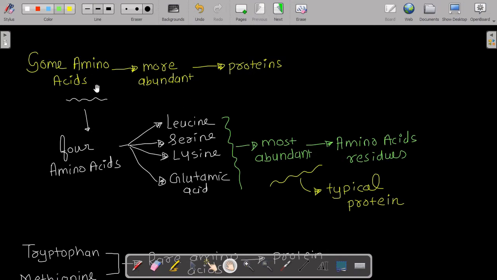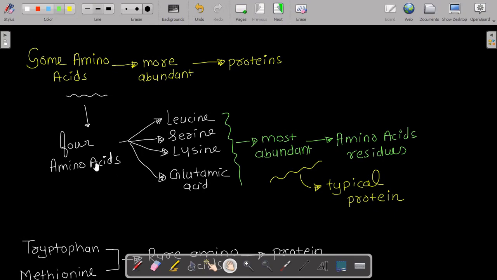Now, there are some amino acids which are more abundant in proteins. For example, consider these 4 amino acids: leucine, serine, lysine, and glutamic acid. These are the most abundant amino acid residues that you will find in a typical protein.